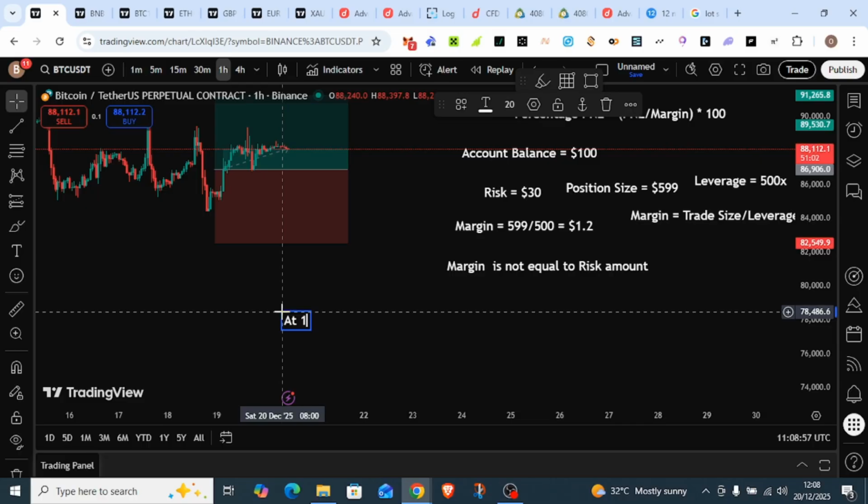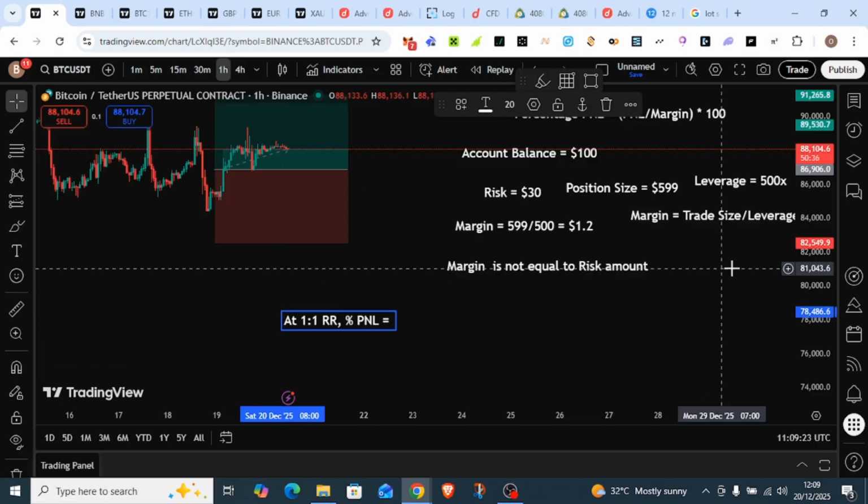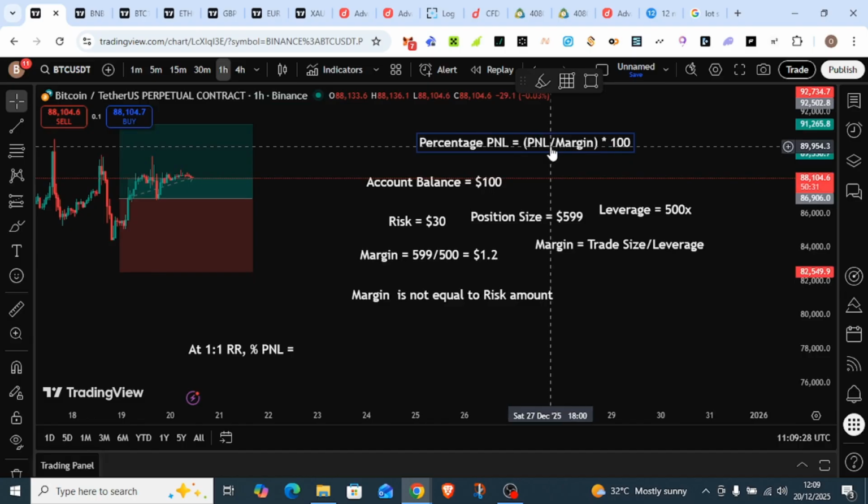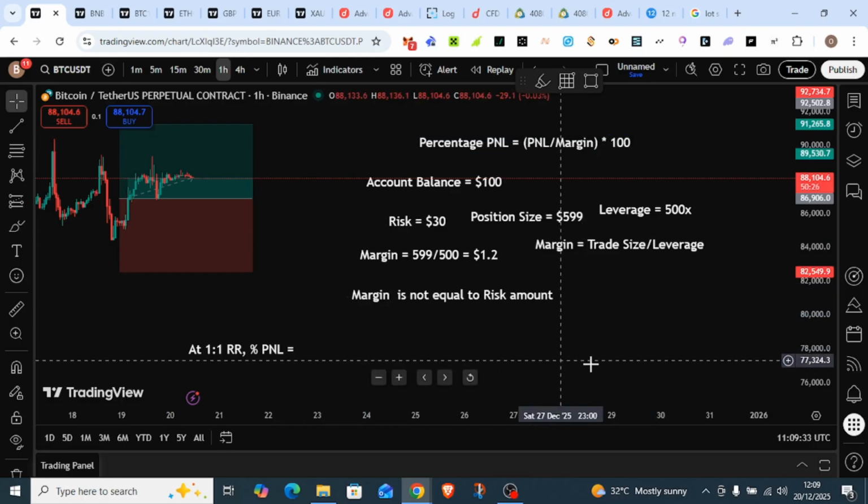At 1:1 RR, percentage PNL, that's profit and loss, is going to be equal to, we already know the formula: PNL over margin times 100.